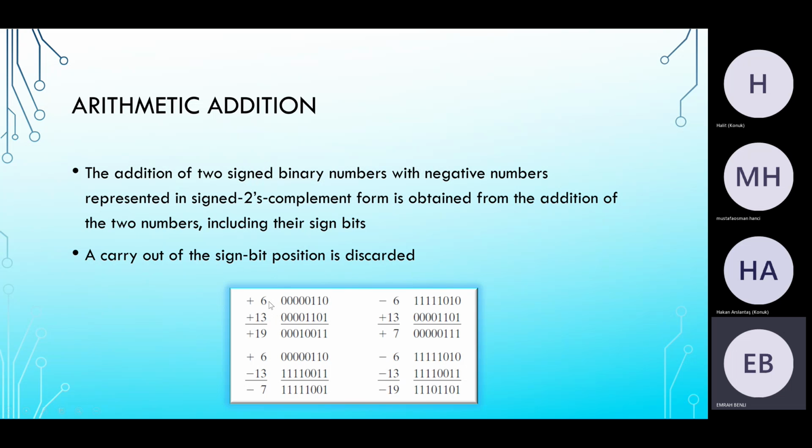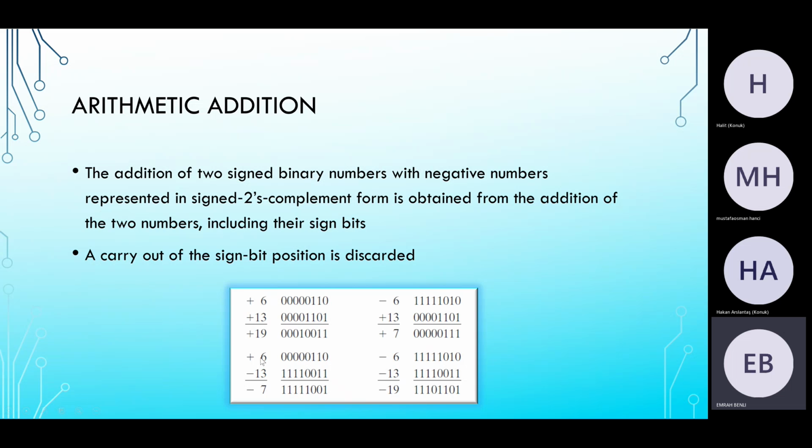Let's say we have positive 6 and positive 13. So 0, 1, 1 is 2 plus 4, which is 6. This is 13, you can calculate it. After this addition, we have this number, which is 0, positive, and this number is 19.